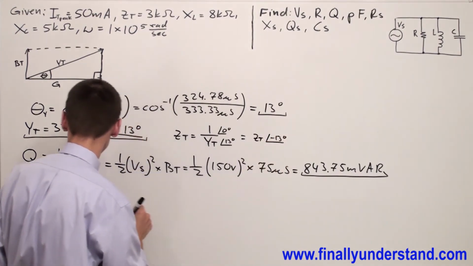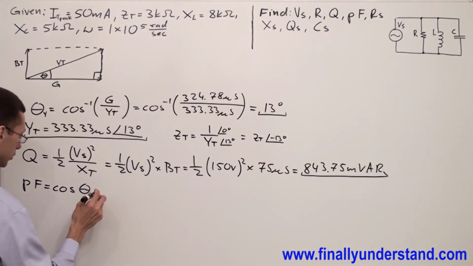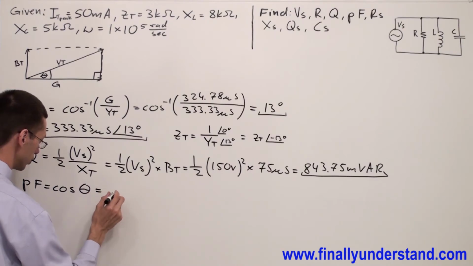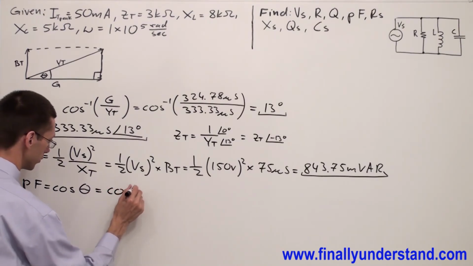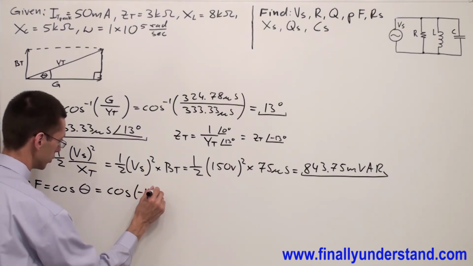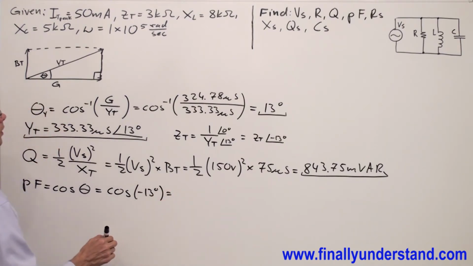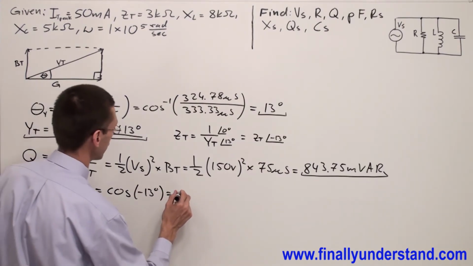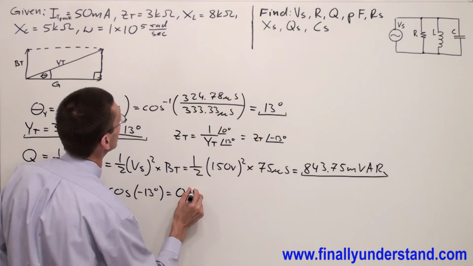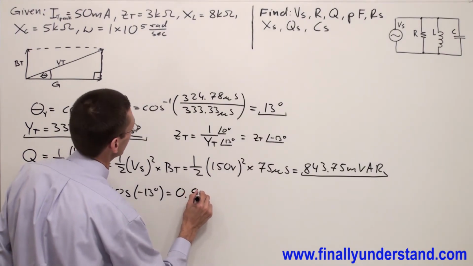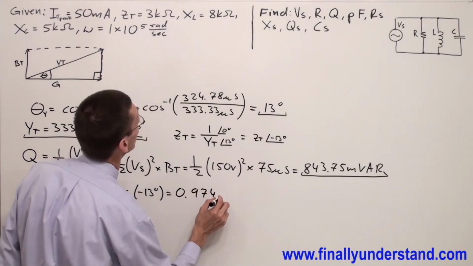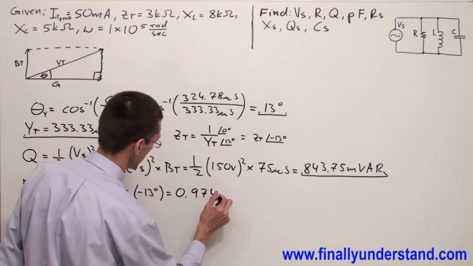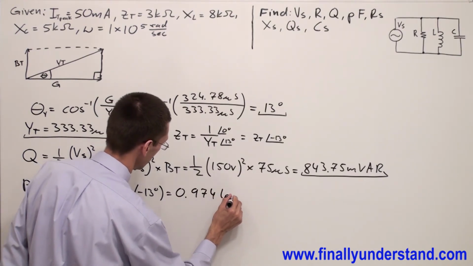That's why I'm going to use for my power factor angle of negative 13 degrees. I have cosine of angle negative 13 degrees. This is equal to 0.974, and I'm supposed to use word lead.